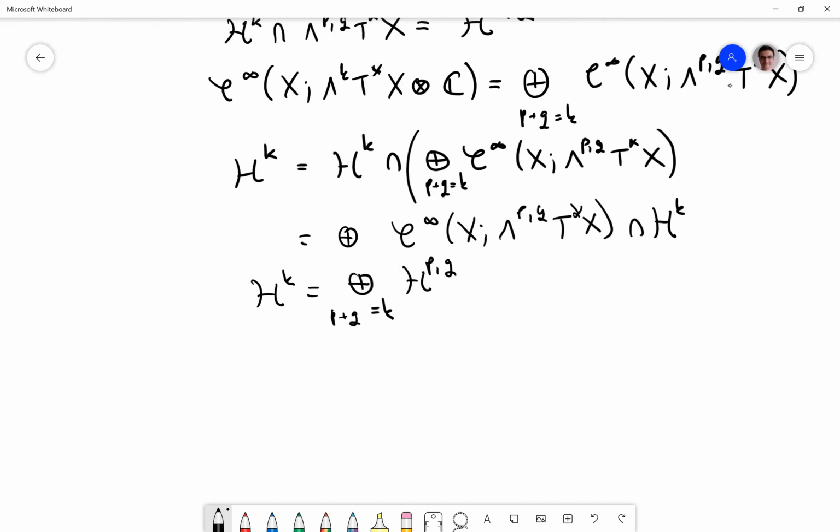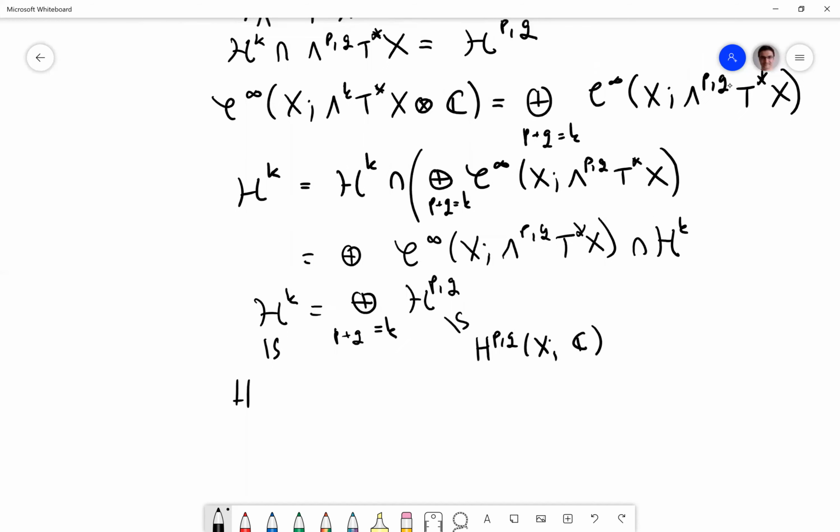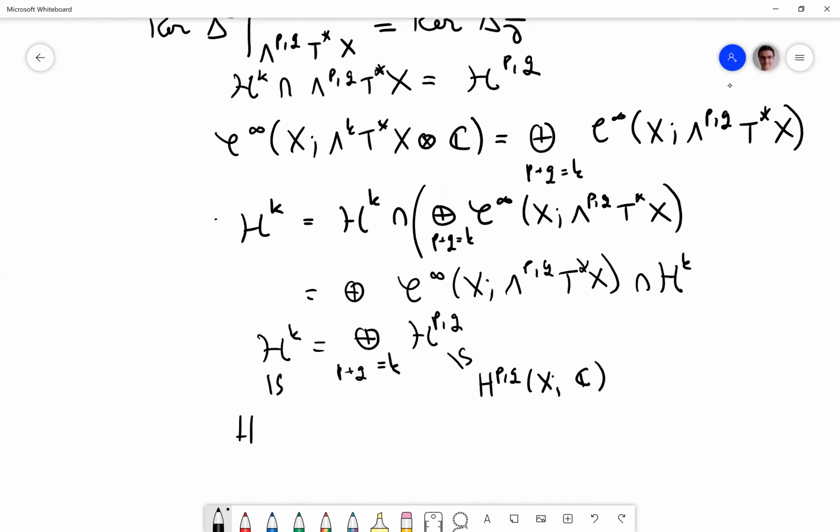So since each of these components here is isomorphic to H^PQ(X, C), the corresponding Dolbeault cohomology group. And this part here, oh, sorry, here, obviously you take the complexified K forms, right?